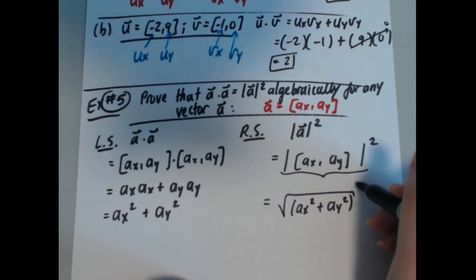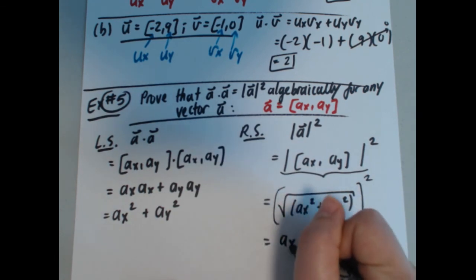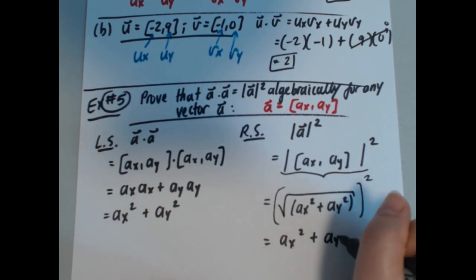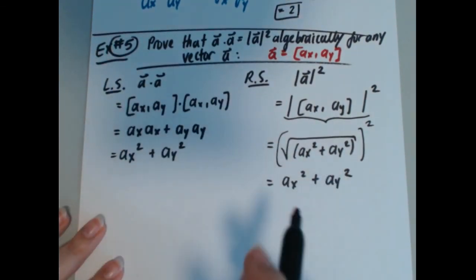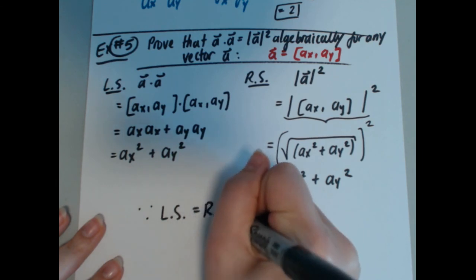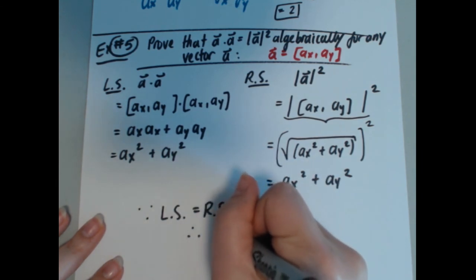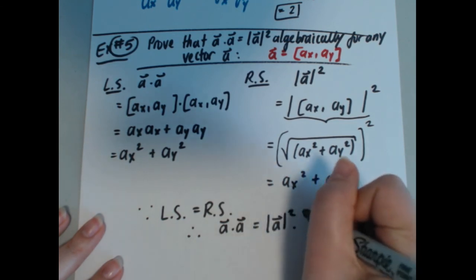But remember, this whole thing is being raised to the power 2. So if you square a square root, you're going to be left with AX squared plus AY squared. And sure enough, you've got the same thing on both sides. So since left side equals right side, therefore A dot A is equal to the magnitude of A squared.